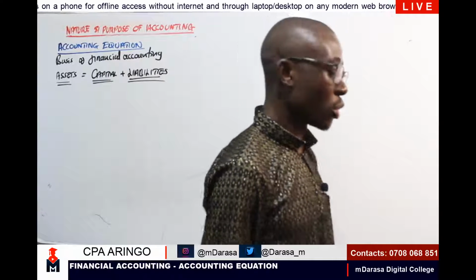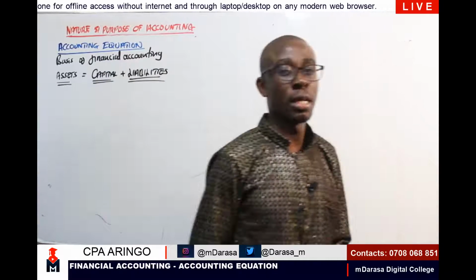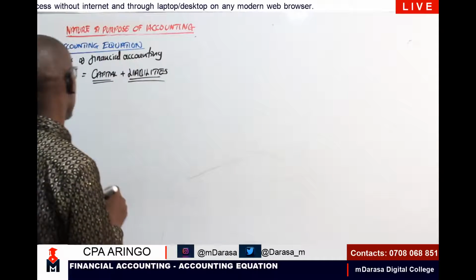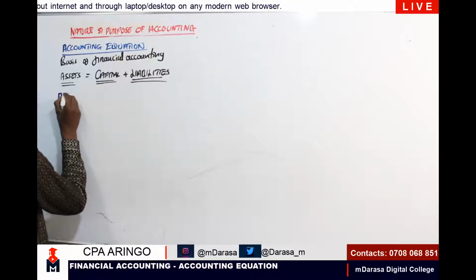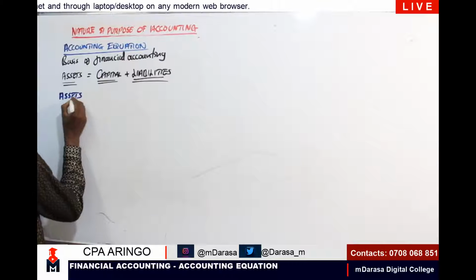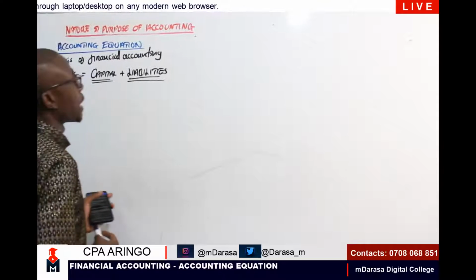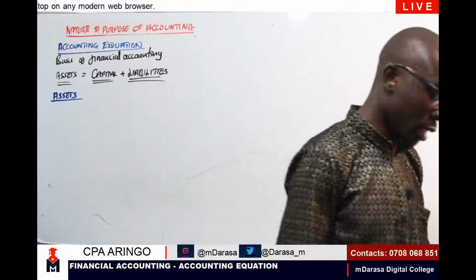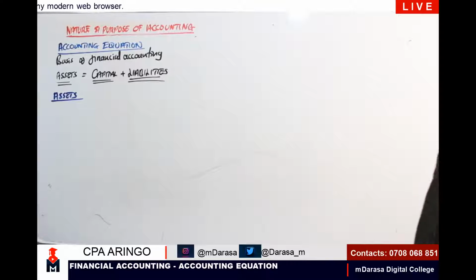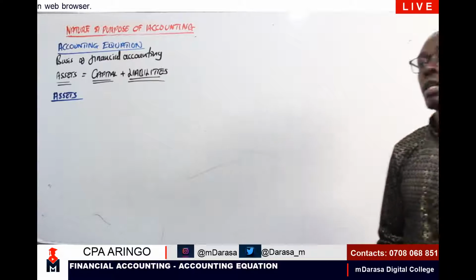When you're talking of assets, what do we mean? I want us to analyze each and every component here, starting with what assets are. If you're asked, my good students, to state what an asset is, what can we say an asset is? Take, for example, this case.